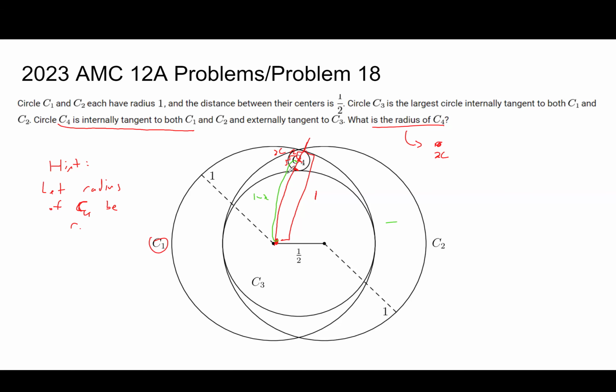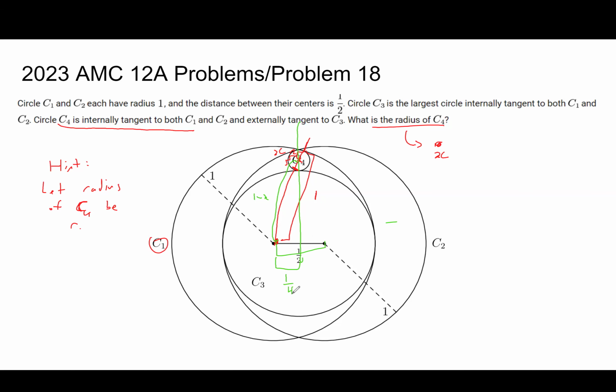Because it's the radius of circle C1, which is 1, minus the radius of C4, which is X. So it'd be 1 minus X. And then what about this distance here? Let's say we draw a line going through the middle of C4. Then this would bisect this line here, right? So this distance here would be 1 over 4.